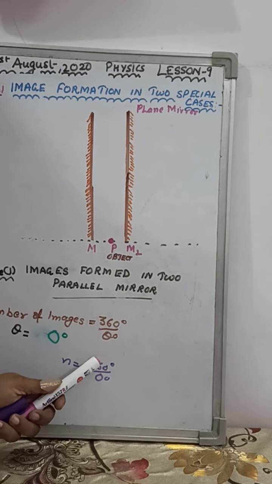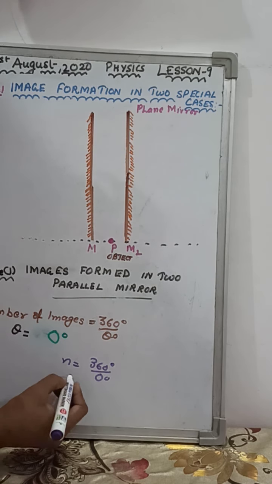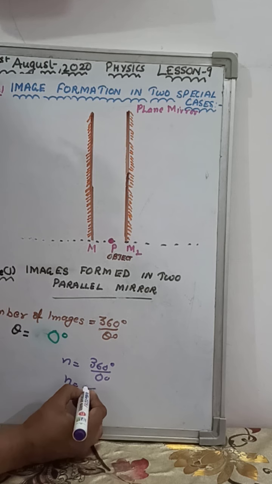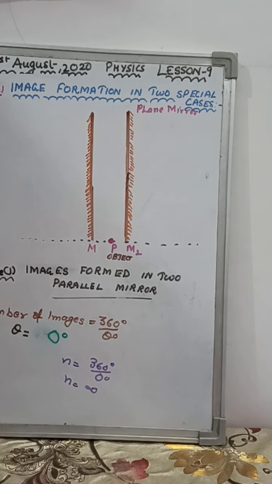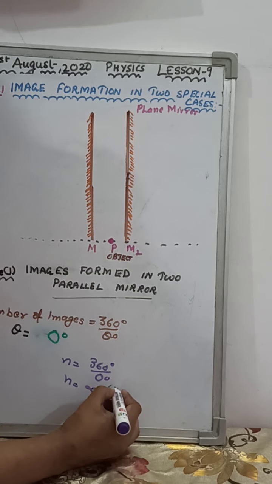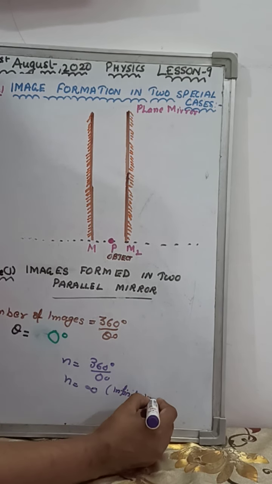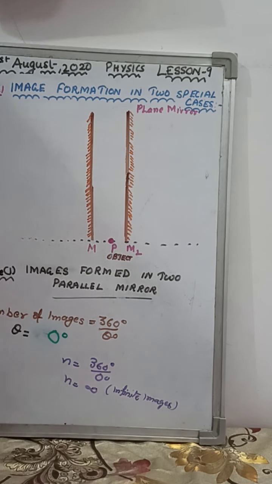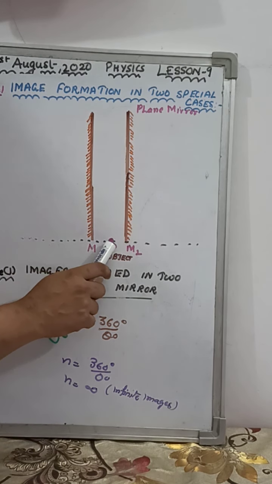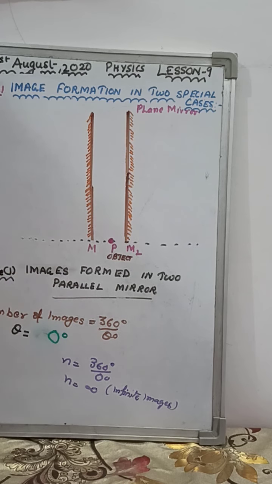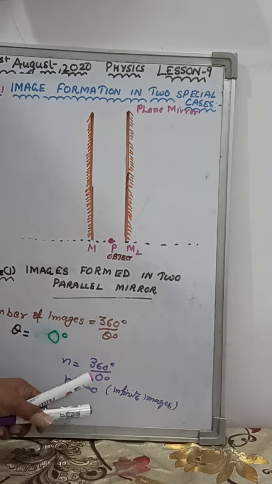So 360 degree upon 0, n will come out to be infinite. That means infinite images will be formed when two plane mirrors are parallel to each other and the object is placed between them. So this is the numerical way we have done it.